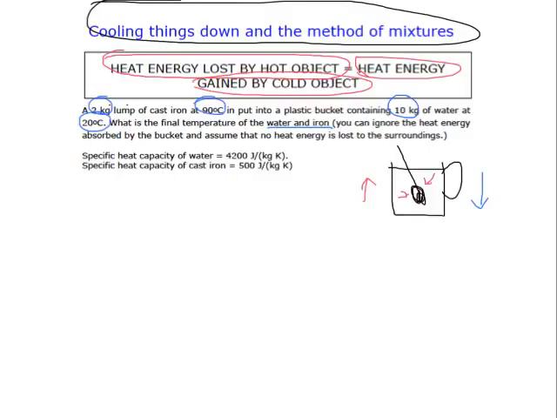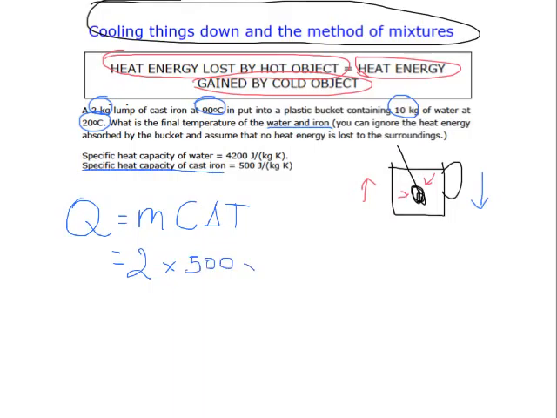If we remember, the formula for heat energy is Q equals mc delta T. So what energy was lost by this cast iron lump? It's equal to 2 kilograms times the specific heat capacity of iron, 500, times its change in temperature.